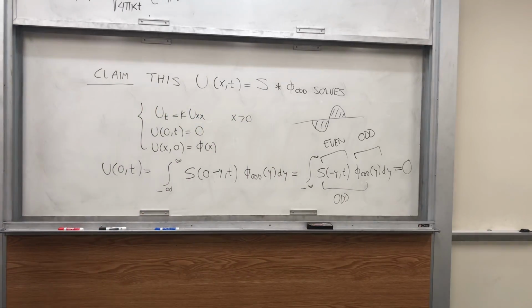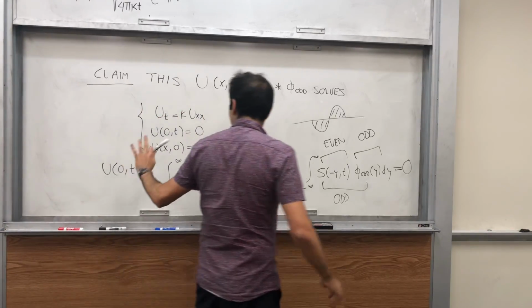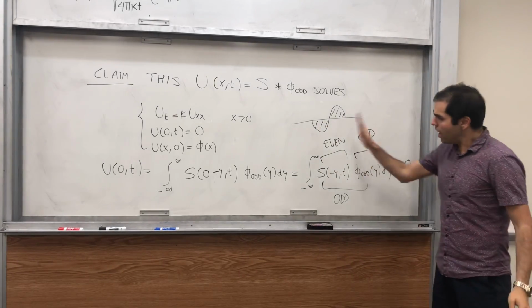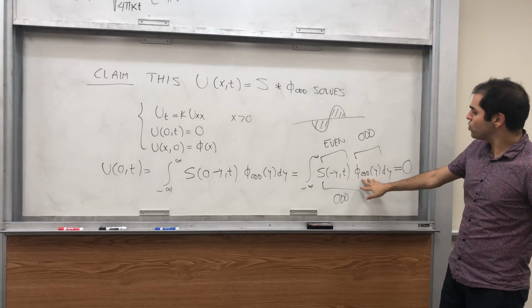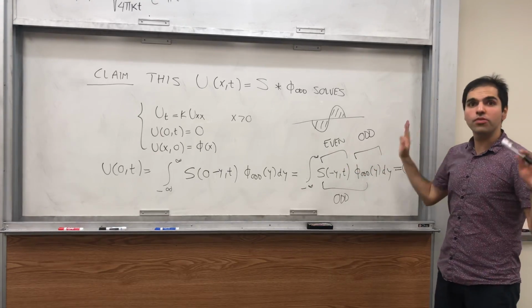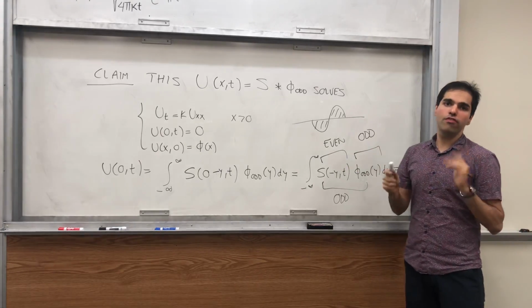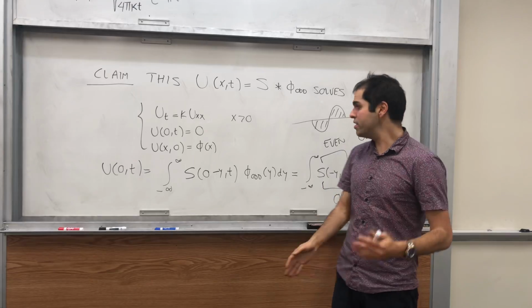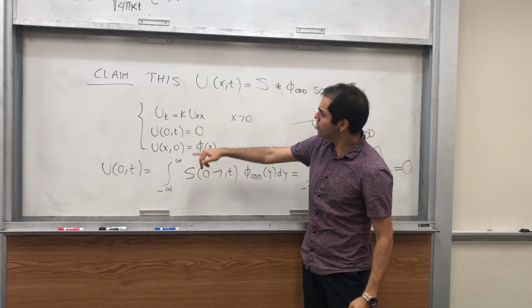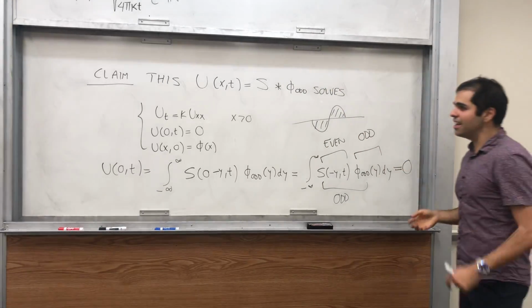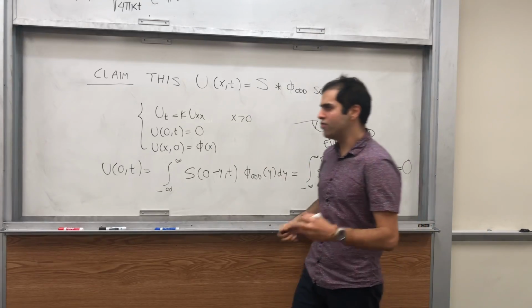So the awesome thing is, in fact, we didn't even need this formula. Even though we don't know what u is on the half interval, just knowing that phi odd is odd, we know that u(0,t) is 0. And that's the beautiful thing about oddification. You don't know what your solution is, but because we require things to be odd, we know the value at 0 is 0. Last but not least, why is u(x,0) equal to phi of x?